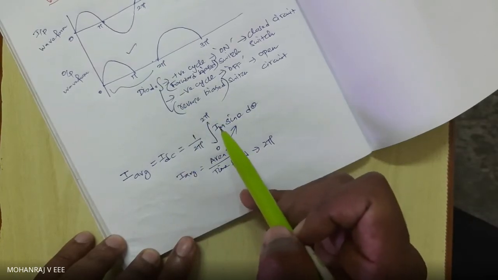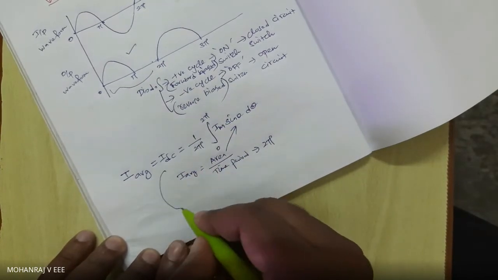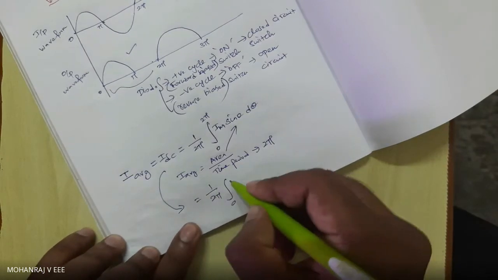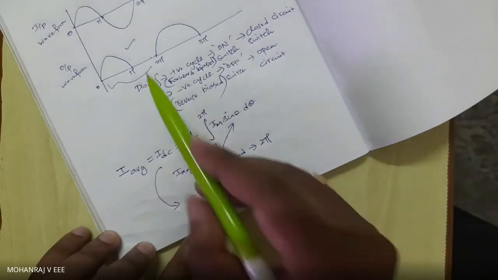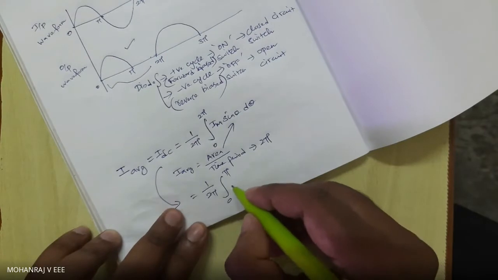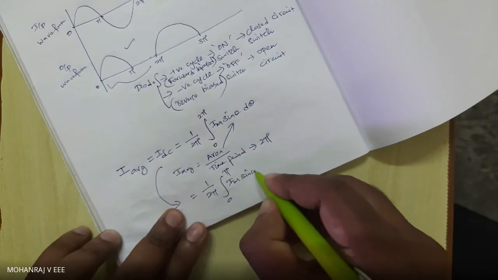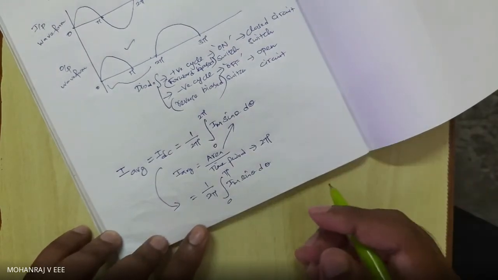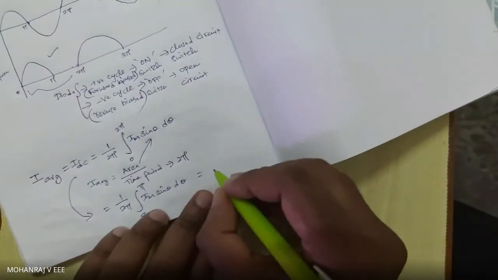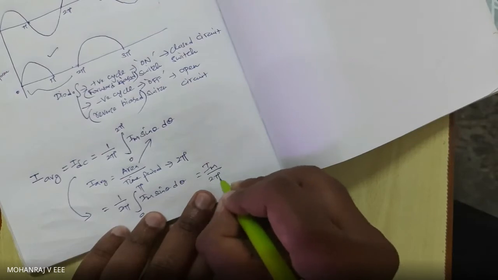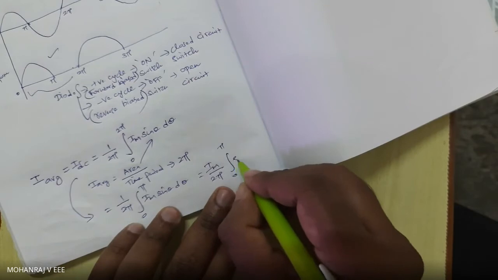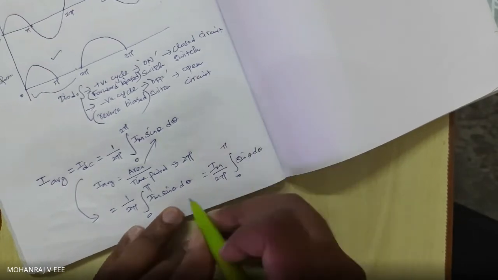So this can be rewritten as 1 by 2 pi integral 0 to pi, because from pi to 2 pi the area is 0, of Im sin theta d theta. Now you can take Im outside, so this becomes Im by 2 pi integral 0 to pi sin theta d theta.